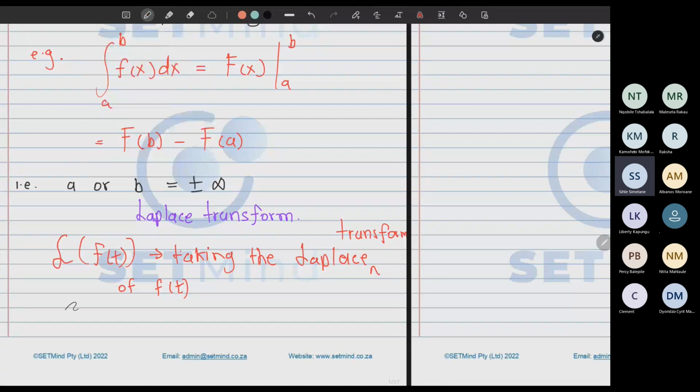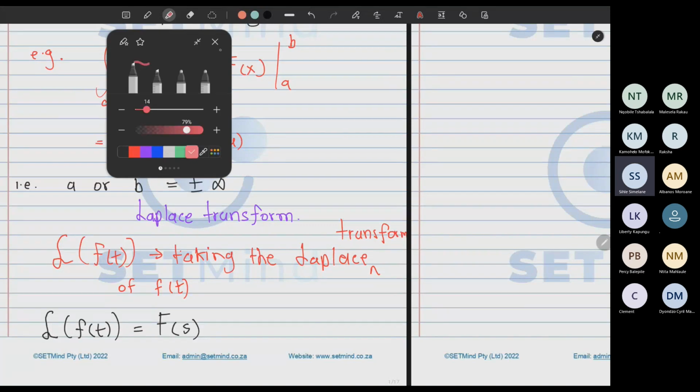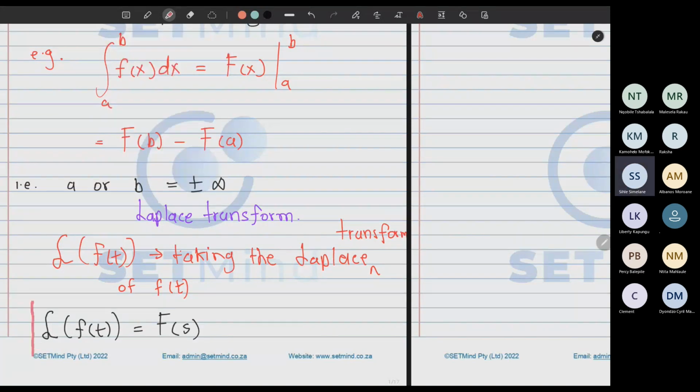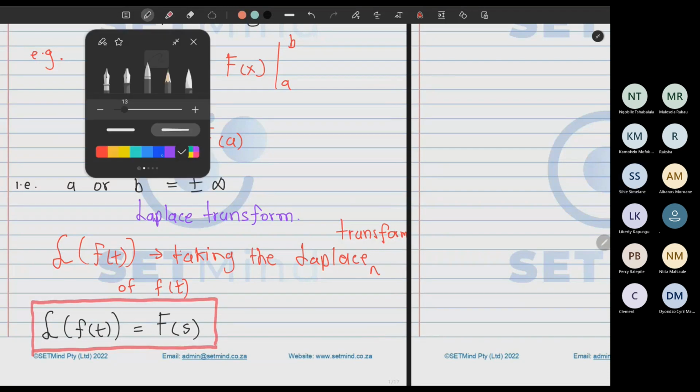And notation-wise, if we take the Laplace transform of f of t, small letter f of t, the answer becomes capital letter F, but now the independent variable becomes s instead of t. This is what we call our Laplace transform. So we have transformed our function f of t to be F of s.